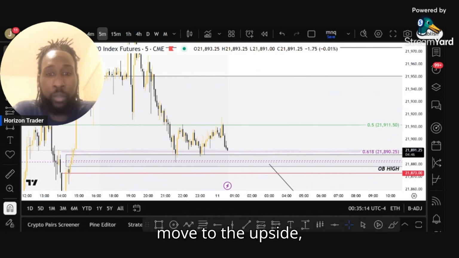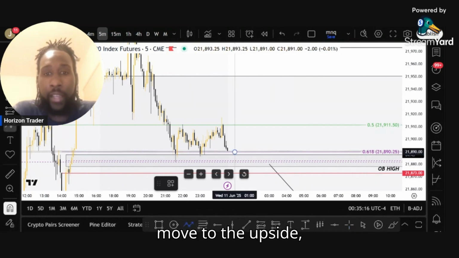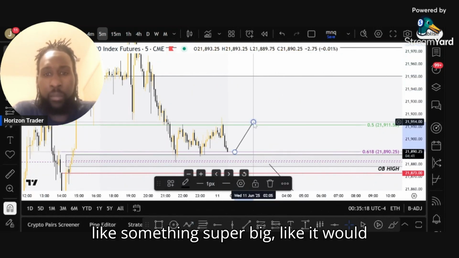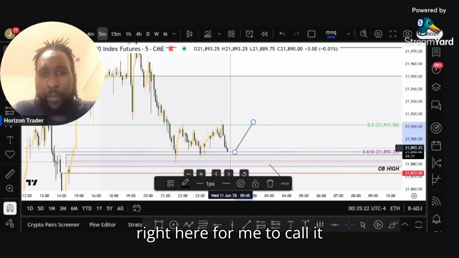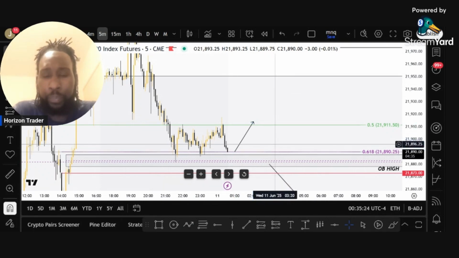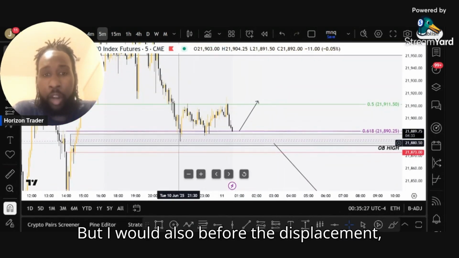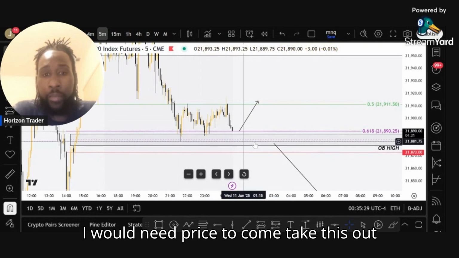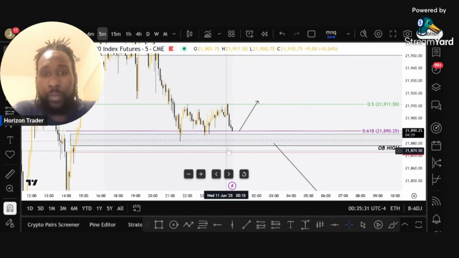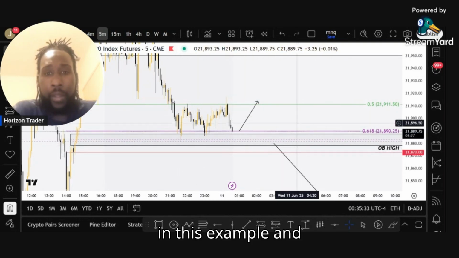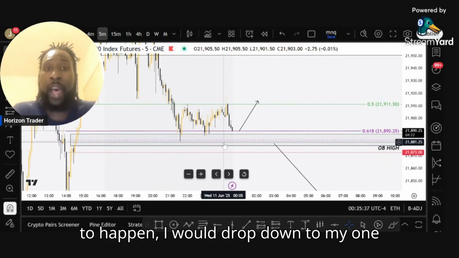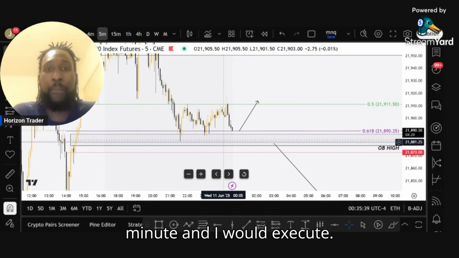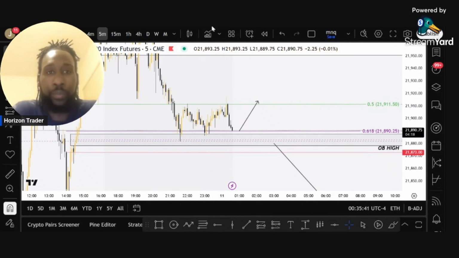Displacement is just a large move to the upside, something super big. It would have to be bigger than this run right here for me to call it displacement. But before the displacement, I would also need price to come take this out in this example. And after that happens, I would drop down to my 1 minute and I would execute.